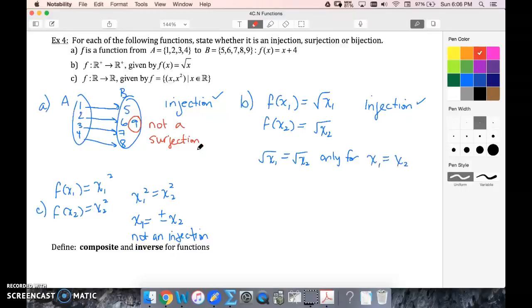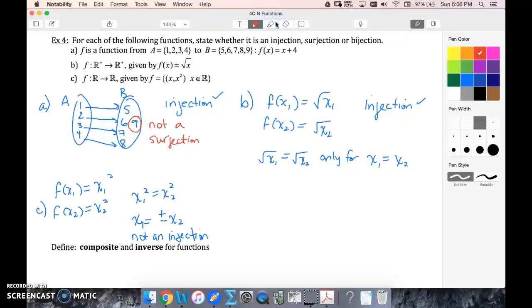Okay. If I think about my range and my codomain is all real numbers. If f of x is equal to the square root of x, well, given that I'm putting in all reals, eventually I will also map to all of the square roots. Every positive square root can be given by finding the square root of a positive real.